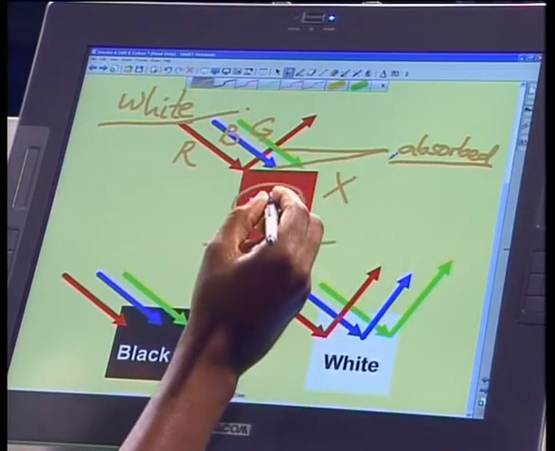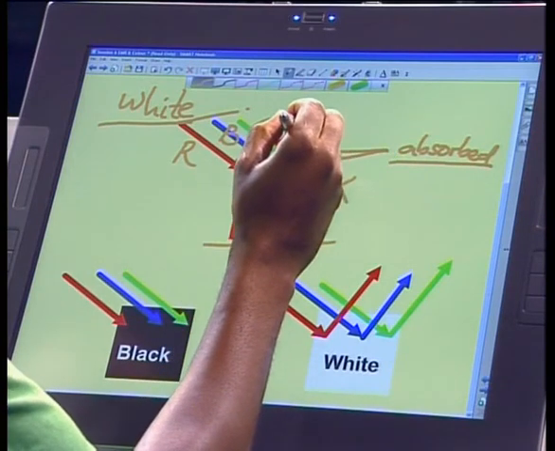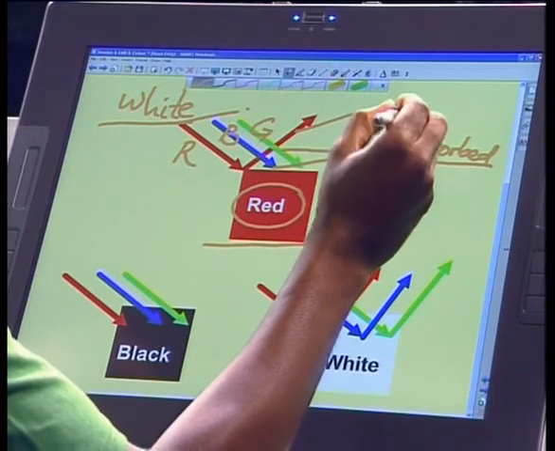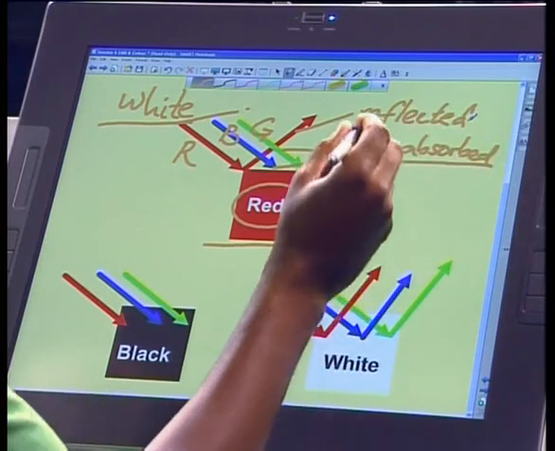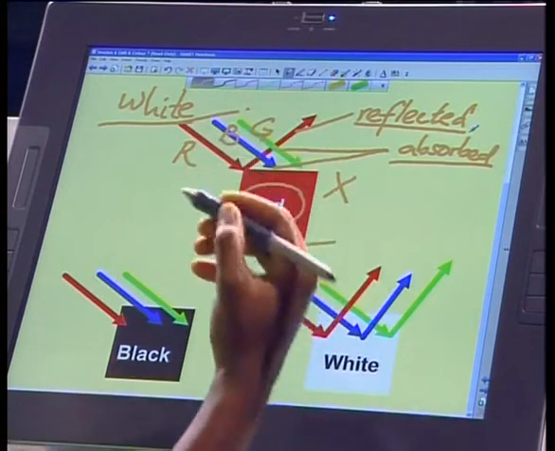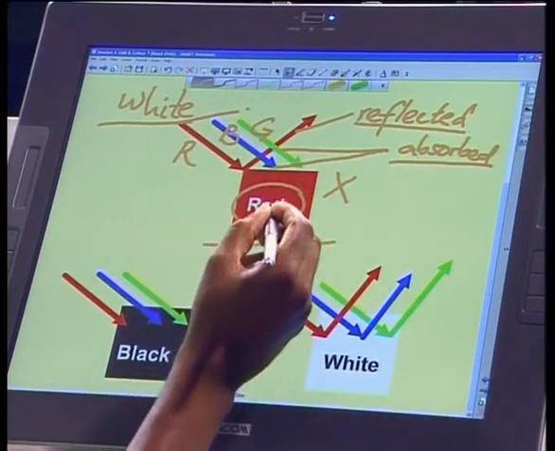And what is going to happen? The red, this one, is reflected. Now, when it is reflected, remember this red is a ray of light. It is reflected, and then it comes onto our eyes, and we see that reflected color. And we see this object as being red.